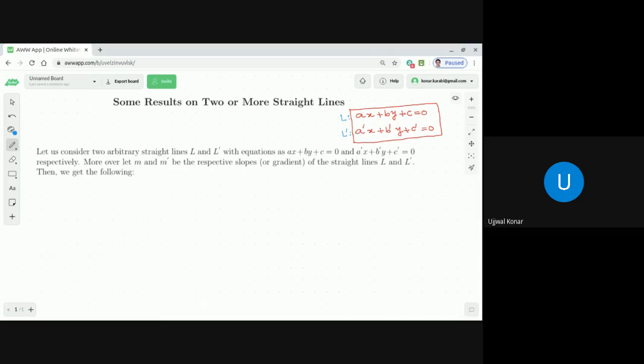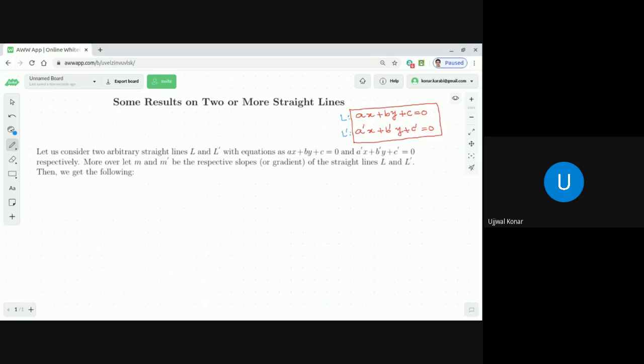Moreover, let us assume that m is the slope or gradient of the straight line L, and m dash is the slope or gradient of the straight line L dash. Then how can we find the values of m and m dash from those equations?